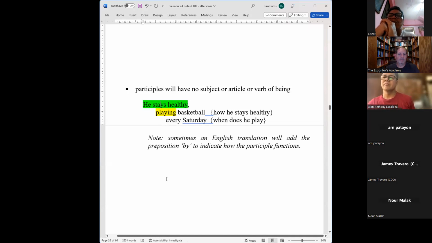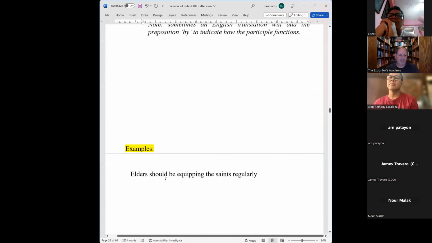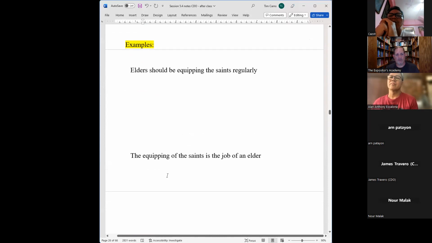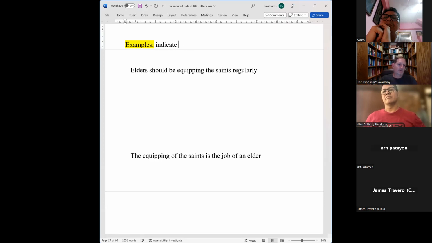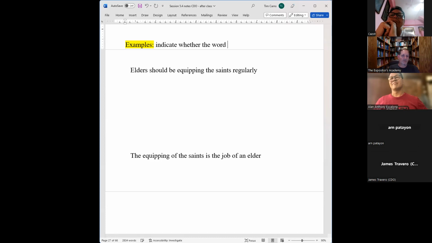Okay. All right, so what I'd like to do is let's do a few examples together. I'll give you each one of these, and I just want you to tell me how the word that looks like a participle is functioning. Is it a participle, a gerund, or a regular verb? So indicate whether the word is a participle, gerund, or verb.